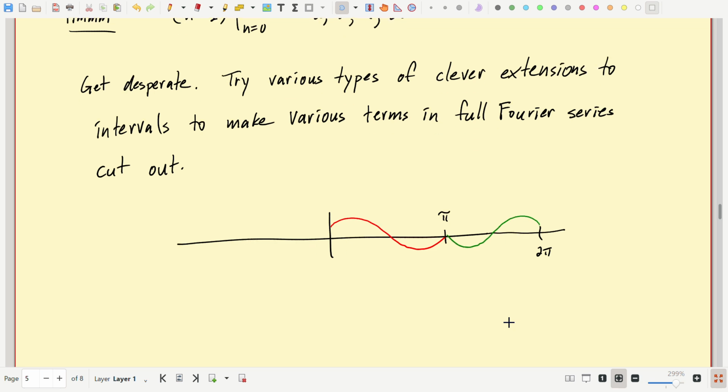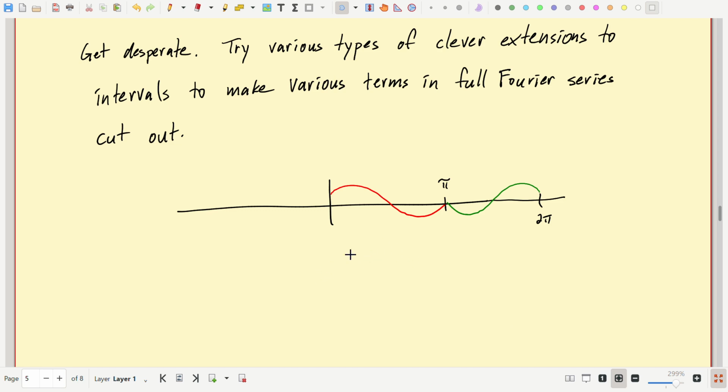And then I can take the even extension of that. So next, take the even extension. That would be hard for me to do, but I want cosine functions only. Take the even extension. And that would bring me over here to minus 4 pi. No, that's minus 2 pi. So that would give me something that looks like this.